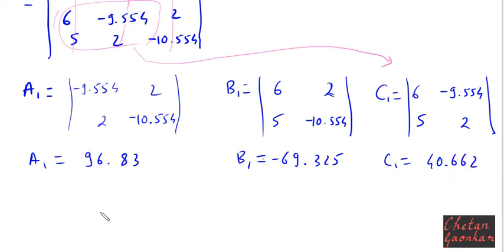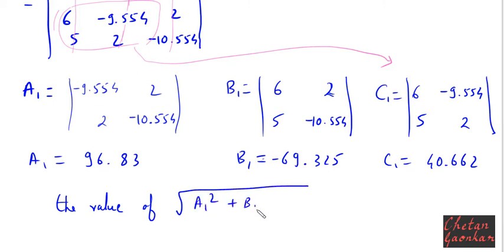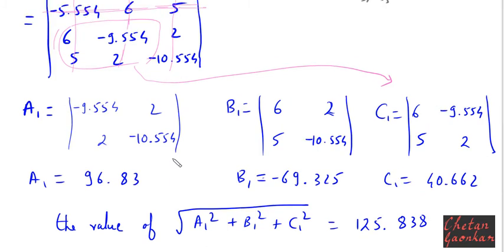Now after this we need to find one more quantity, that is the value of root of a1 square plus b1 square plus c1 square. And if I find this from these values of a1, b1, c1, I will get 125.838. Now after doing this, our task will be very easy.